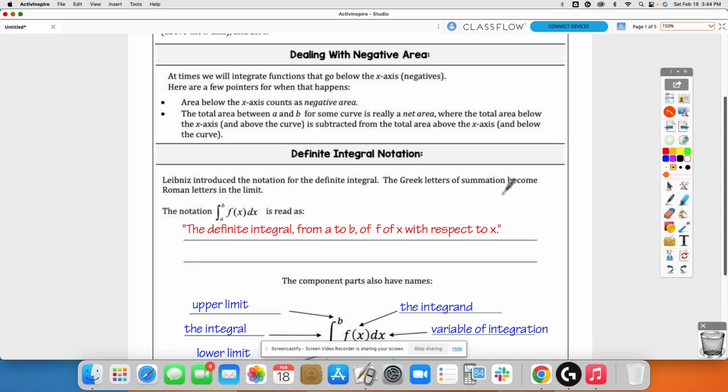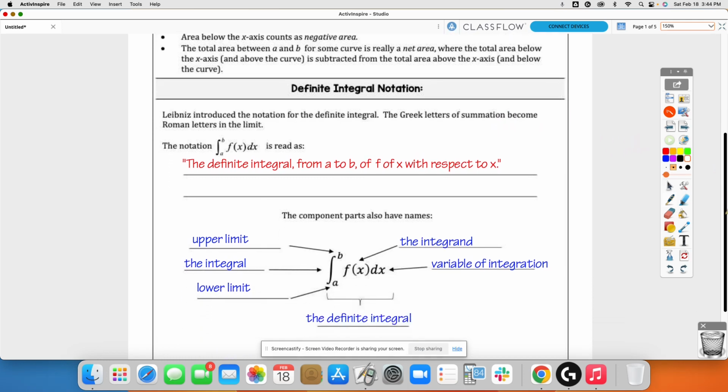Okay, let's take a look at the definite integral notation. This is the notation introduced by Leibniz for the definite integral. It is read as the definite integral from a to b of f of x with respect to x.